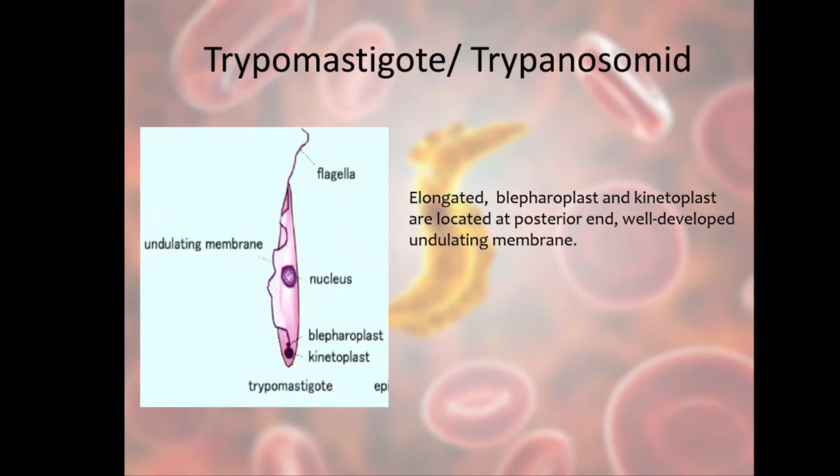The fourth form is the trypomastigote form or the trypanosomid form, which is also elongated. However, here the blepharoplast and kinetoplast are located at the posterior end, and the undulating membrane is well developed here.